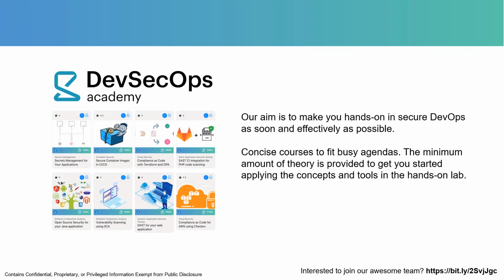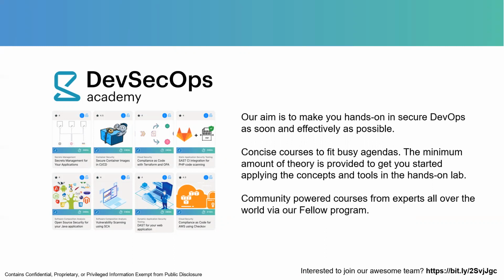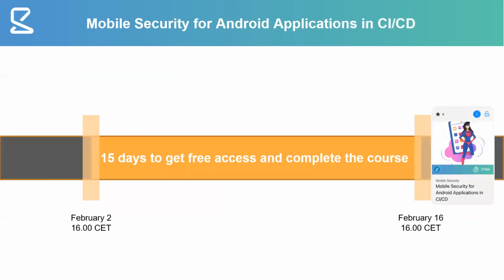We do that with concise courses that fit in your busy agenda with a minimum amount of theory, so you can start as soon as possible with our hands-on labs, the practical side of the course. How did we build this? We built these courses powered by a community of experts from all over the world, who joined through our fellow program.